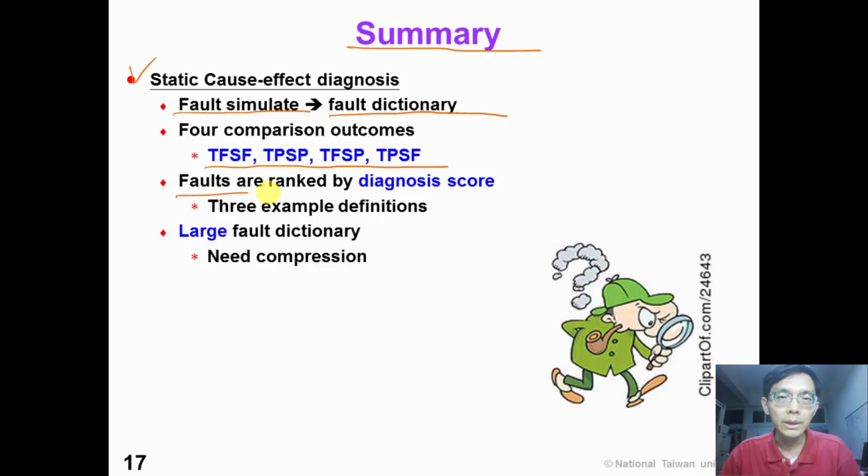We can calculate the diagnosis score, which measures the similarity between TF and SF. There are many definitions of diagnosis scores, and we show 3 examples in this talk. When the dictionary size is very large, we can compress the fault dictionary at the cost of diagnosis resolution degradation.